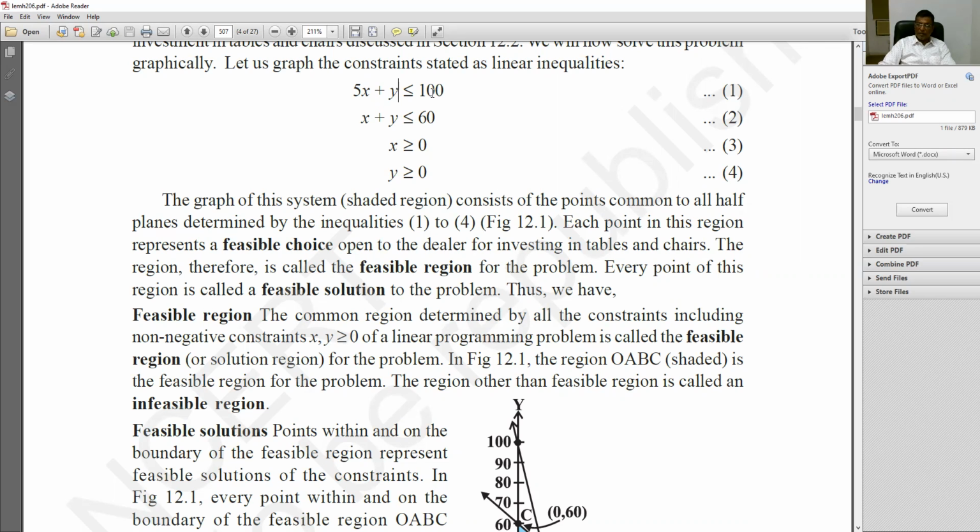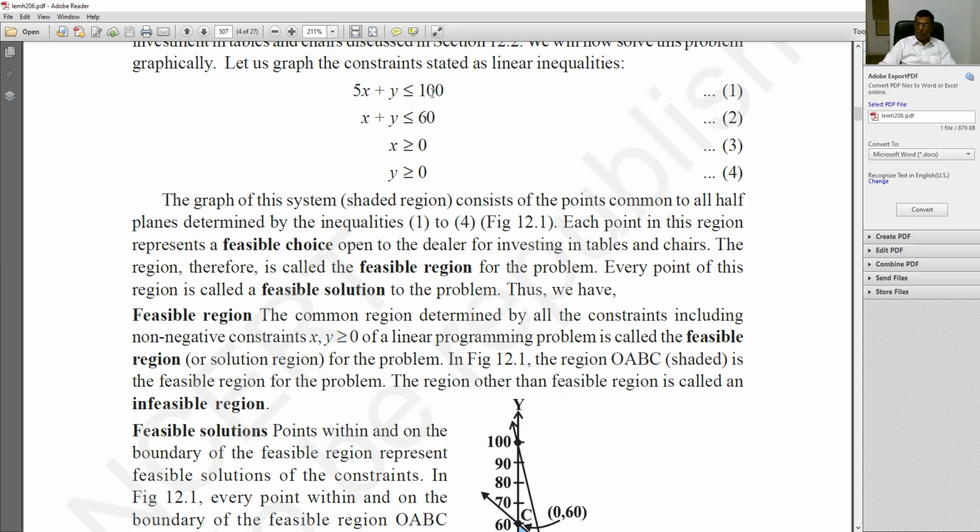Second is x plus y less than or equal to 60, and the constraints you have been given, that is x is greater than or equal to 0, y is greater than or equal to 0.